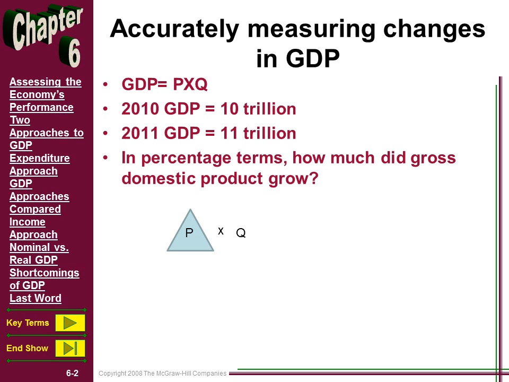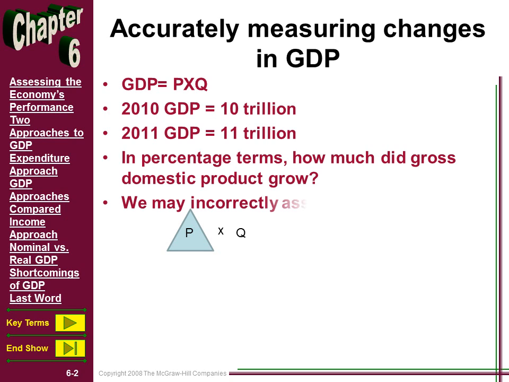So if we ask in percentage terms how much did gross domestic product grow, we may falsely come to the conclusion that over this 1 year period it grew at 10%. But what if prices were increasing by 7%? Then the economy didn't really grow by 10%, it only grew by 3%.